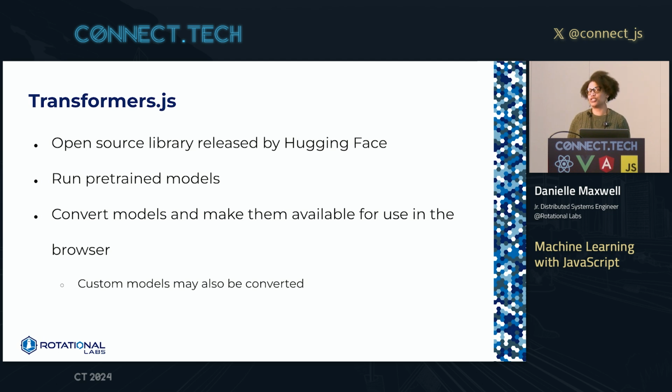However, if you're working with a team, or you create your own model that isn't developed in JavaScript, you could load it up to the Hugging Face hub and convert it yourself. They have a particular script you can use. Under the hood, they use a library called the Onyx runtime to convert those models, but they've created their own script that you can use to convert them yourself.